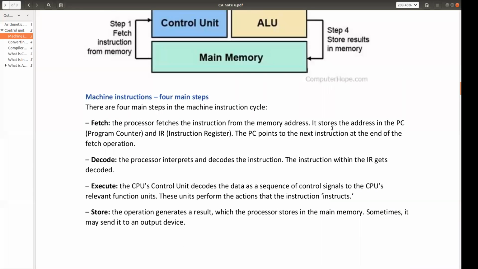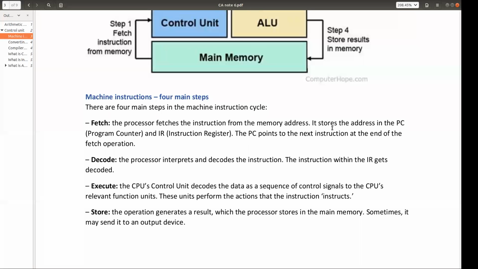So that is written over here. Machine instructions have 4 main steps. In the fetching step, we are calling the instruction from the main memory. The processor fetches the instruction from the main memory address, that is in the RAM. Now this will become a little bit technical.